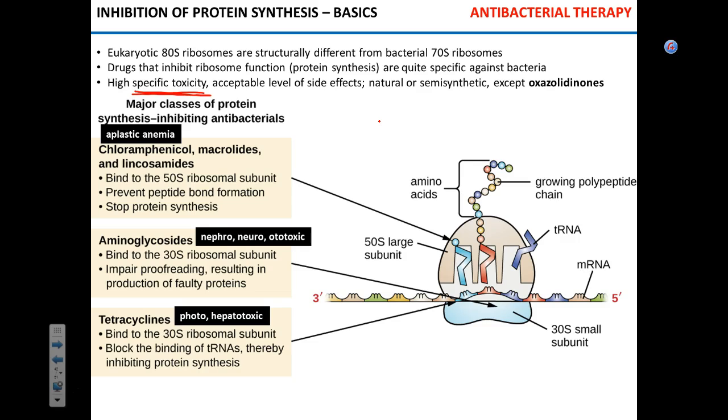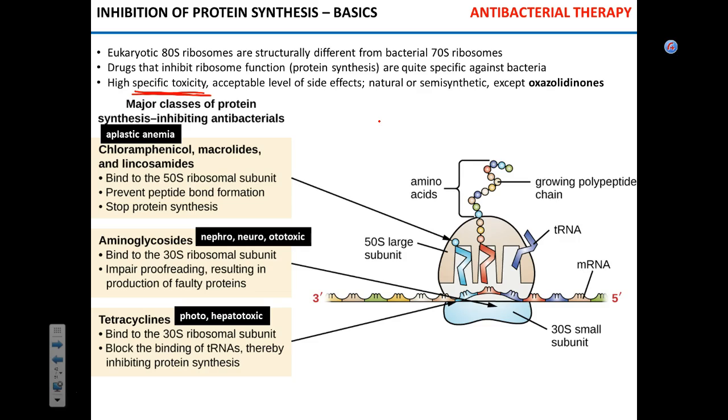they have high selective toxicity. By the way, on the same note, what do you think about the previous ones, the inhibitors of the cell wall synthesis? Do they have high selective toxicity? Why? Explain your answer. I'm not talking about between the microbes. I'm talking about bacteria versus humans. Considering this, do they have high selective toxicity? Why?